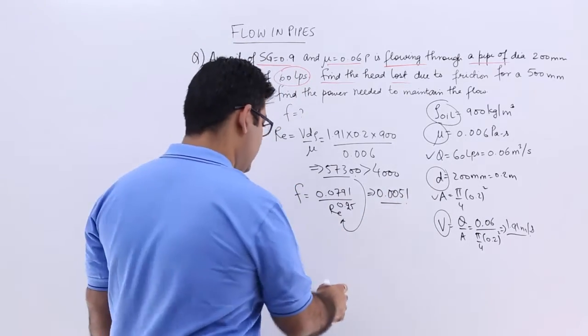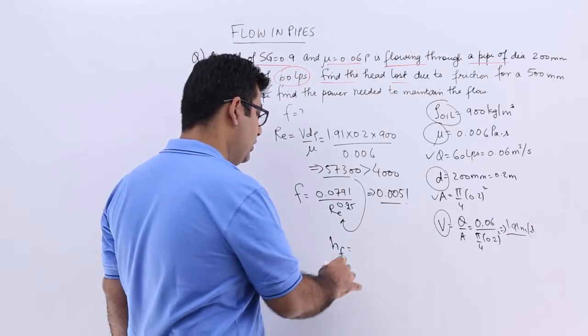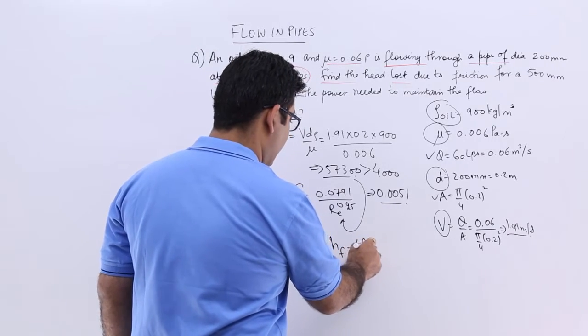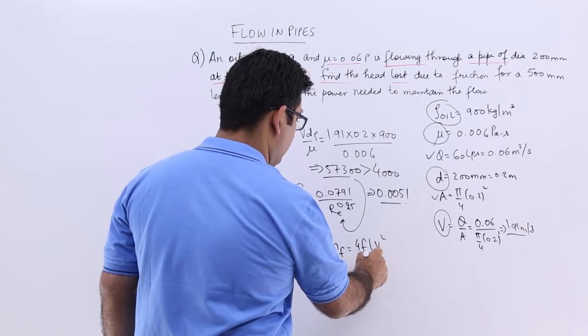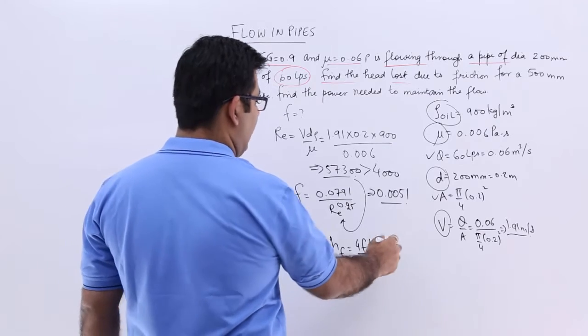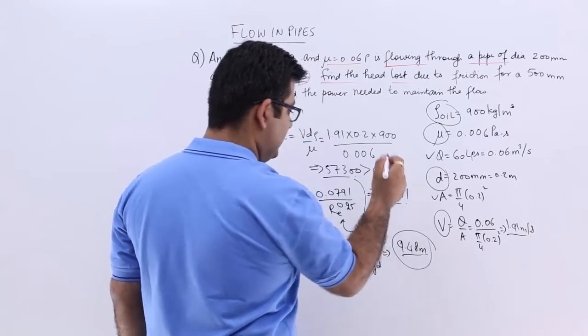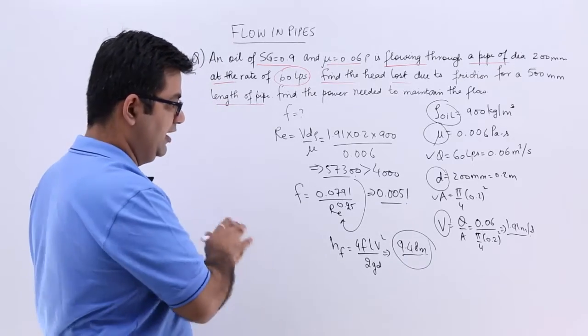So with the help of this, I can now calculate the head loss due to friction. So you have 4 f L V square upon 2 g d. This results in a value of 9.48 meters. So this is the head which is lost in friction.